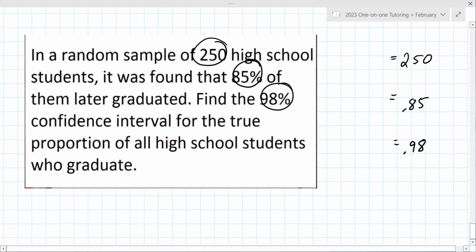I read the problem, I circled the numbers. Go ahead and take a look and see what each of these represents.